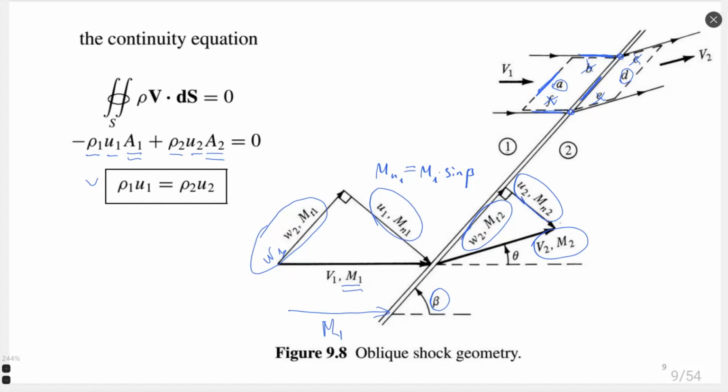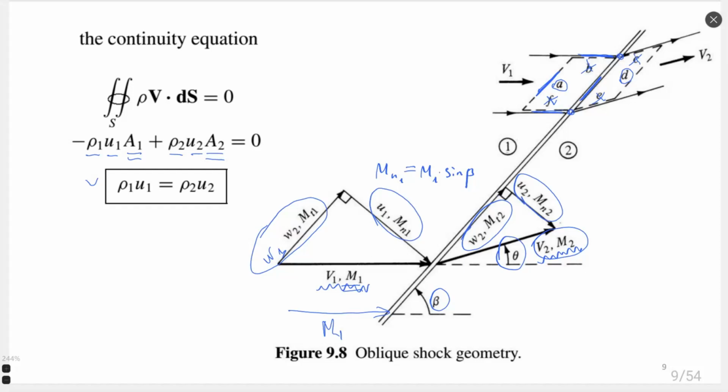Here, to split this vector into a system of perpendicular vectors, we also have to use the so-called theta. Theta is the angle between the Mach number before the shock wave, M1, which serves as a reference, do not forget M1 as a reference, and the Mach number after the shock wave.